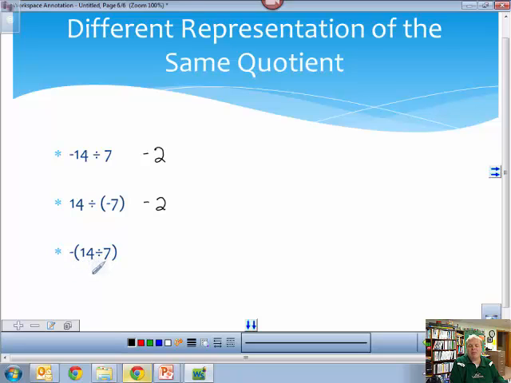Well, 14 divided by 7 is 2, and you would be correct in thinking that. However, I have a negative on the outside of my parenthesis. Remember, this is like a negative 1. A negative 1 times a positive 2 is going to be a negative 2.